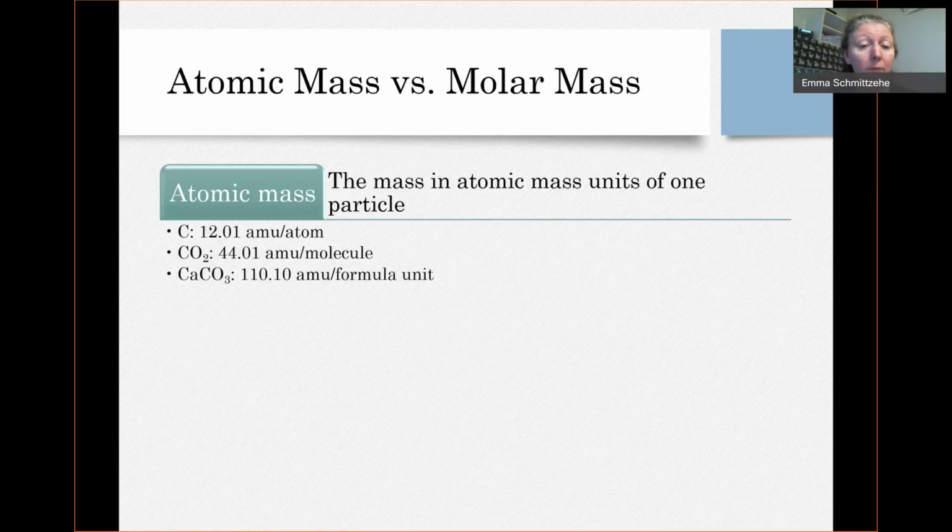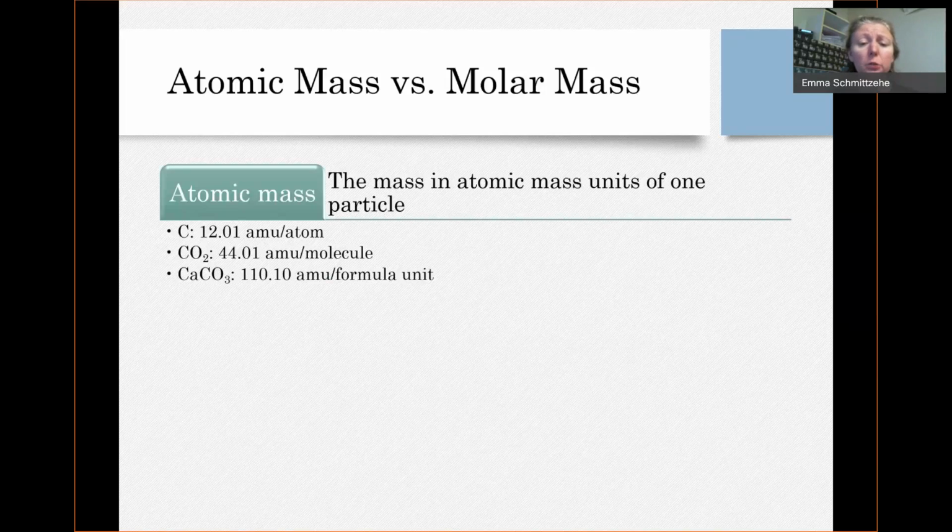So you look up carbon and it's 12.01, and you look up oxygen and it's 16.00. Again, you can use more decimal places if you want, but I will round it to 2. And so you would take the oxygen value, multiply it by 2, and then add it to the carbon. And that should come up with 44.01 AMU per molecule.